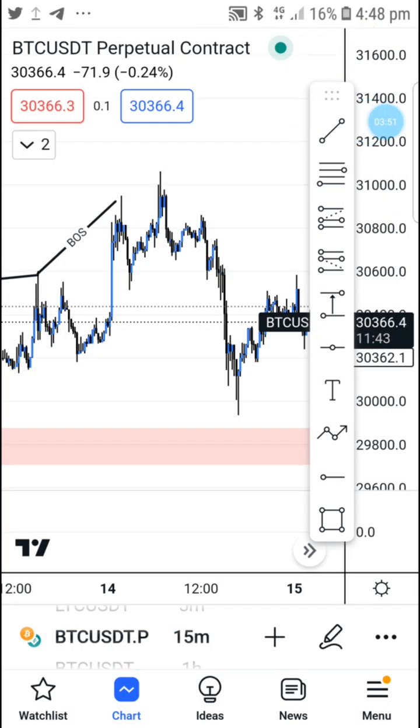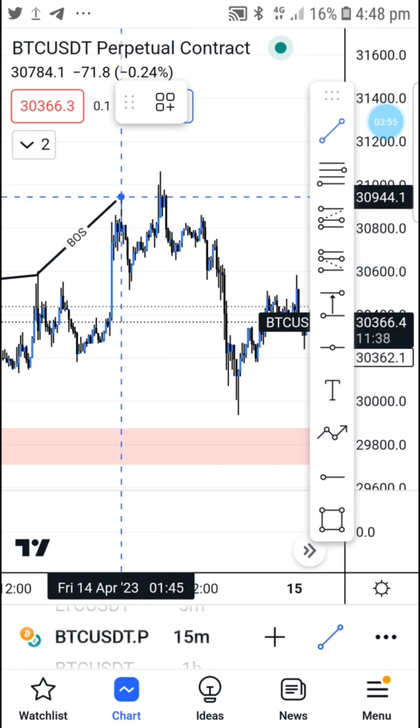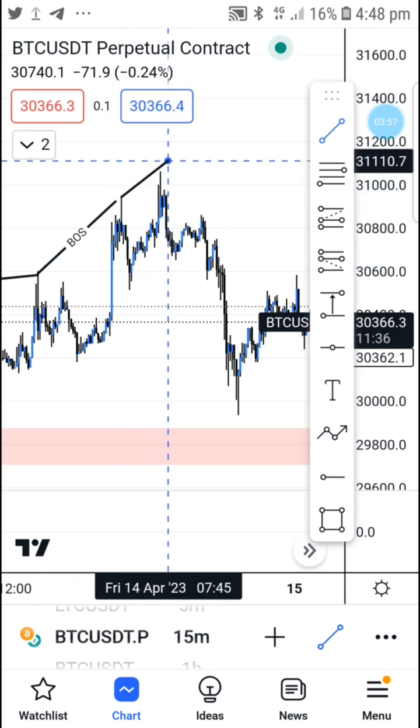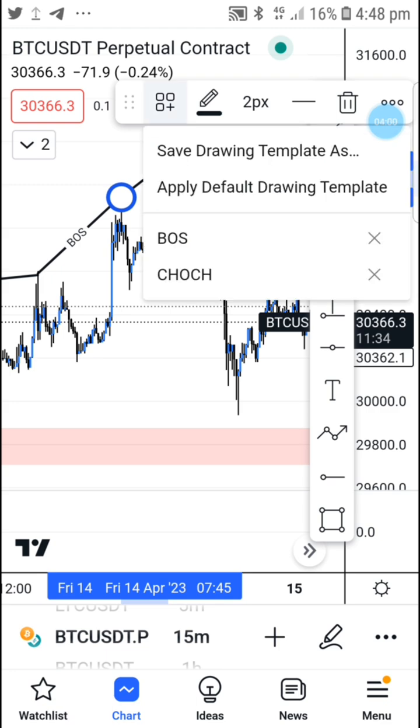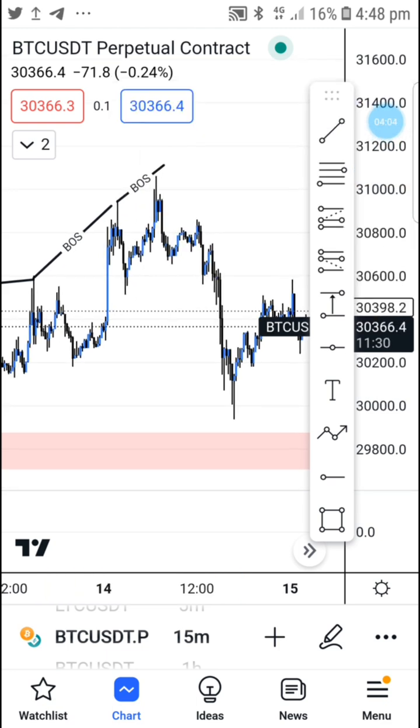That's a new higher high, so for sure it broke the structure around that spot. So what we are looking for in the lower time frame now, don't forget, is change of character.